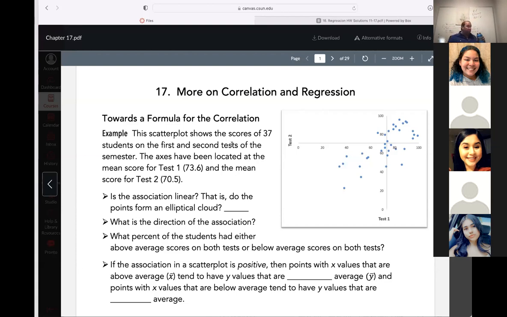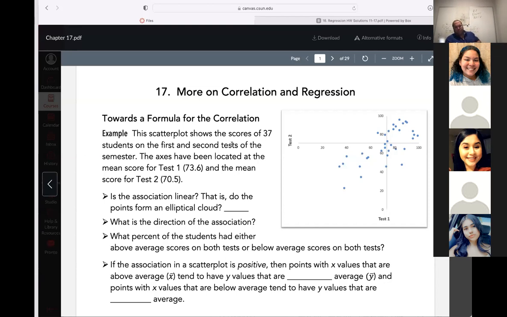Which 2 quadrants have the majority of points? Top right, bottom left. Do we agree with that? Yeah. Okay, well, if it's top right, bottom left, that certainly agrees with this positive association that we're seeing, that is going up and to the right.